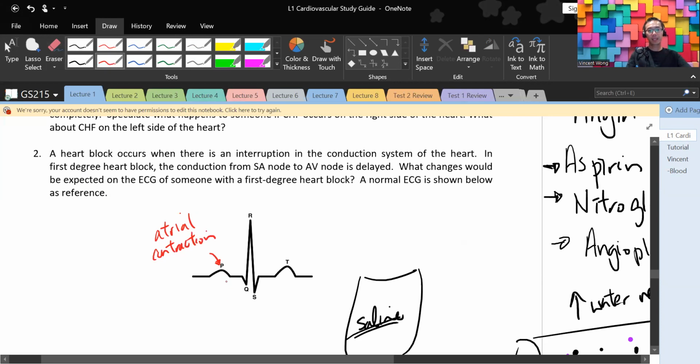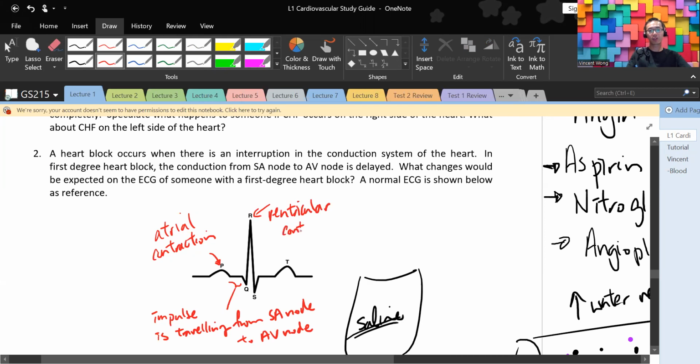This part here from P to Q, okay, this little part here, that's waiting for the signal, the impulse. Impulse is a signal, right? This impulse is traveling from SA node to AV node, right? And then over here, this peak here, that corresponds to ventricular contraction.